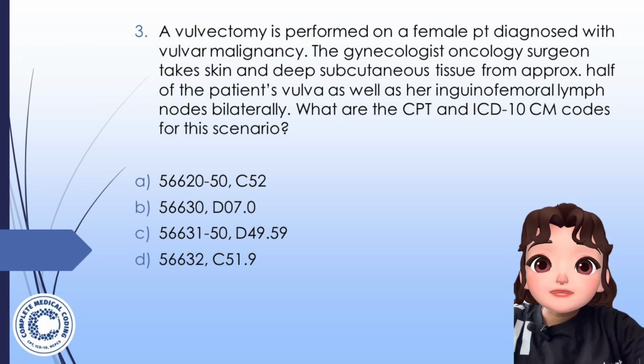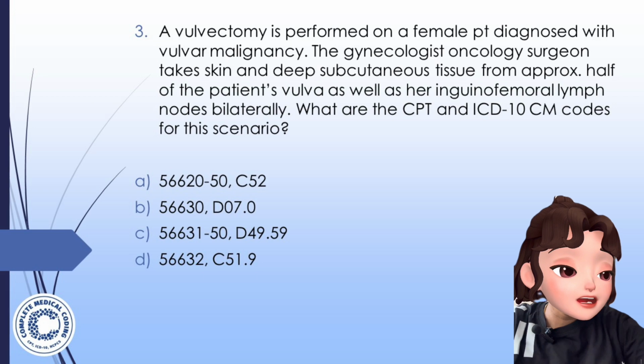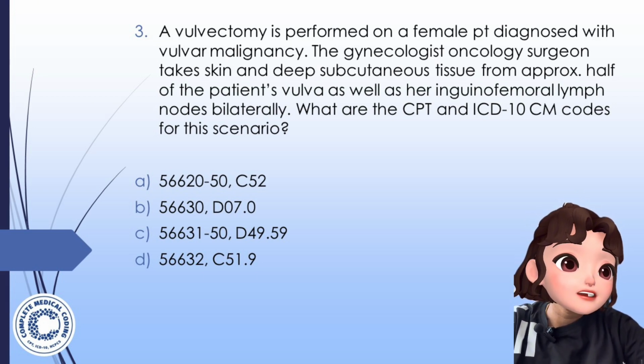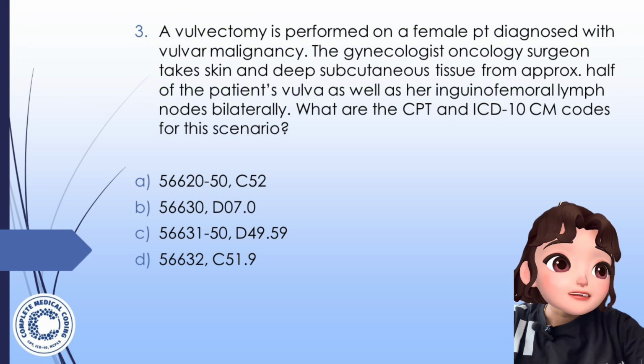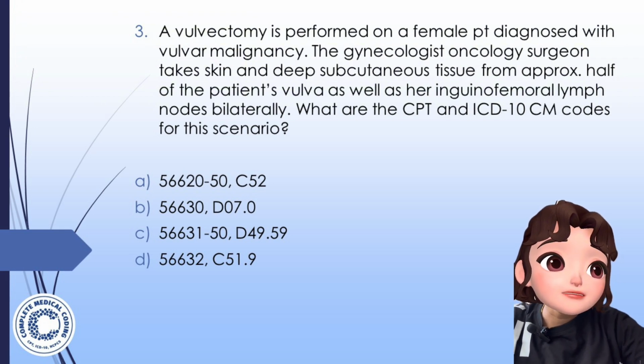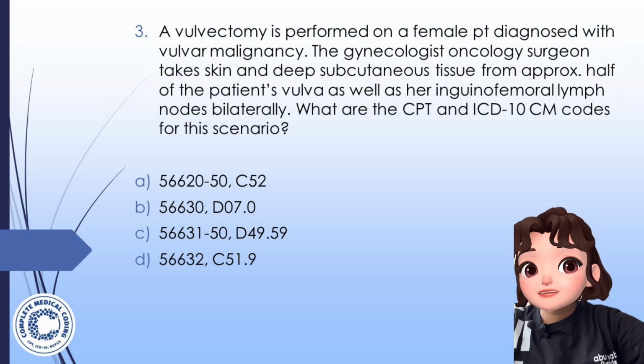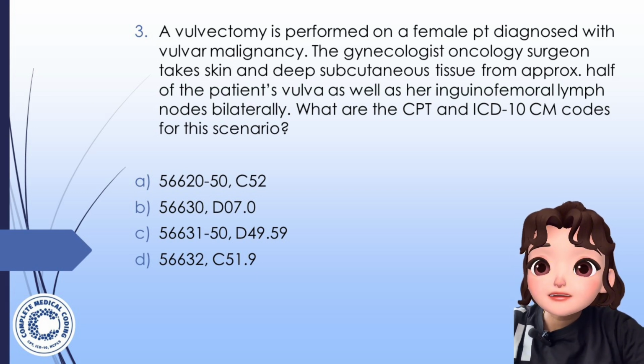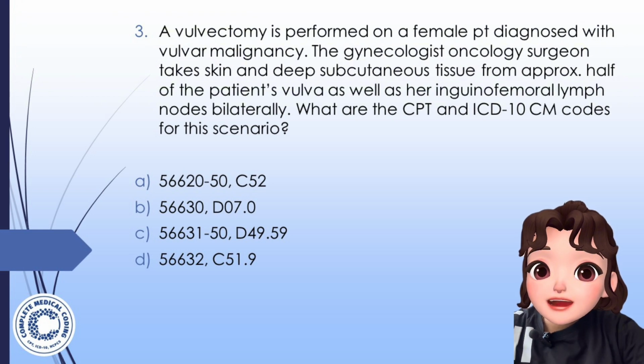What is D49.59? D49.59 represents neoplasm of unspecified behavior of other genitourinary organs. This is not genitourinary, it's only indirectly related. Anyway, let's go to option D also. What is C51.9?